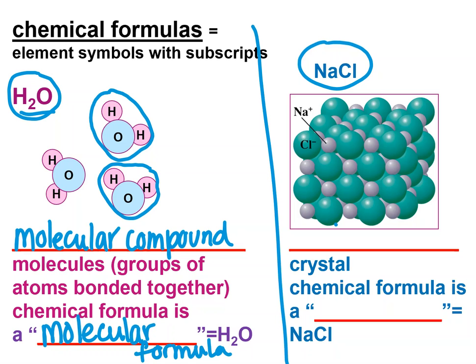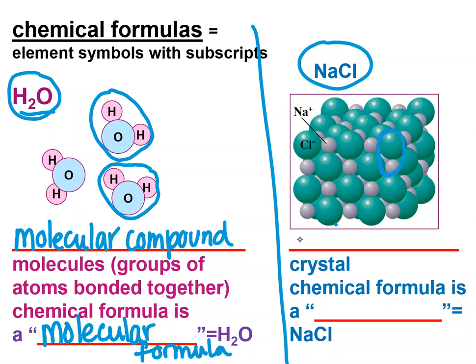Okay, and then the other type of compound has a formula as well, but it's not a molecular formula. And this is why. A compound like sodium chloride doesn't have separate groups. In other words, this sodium and this chloride are together, but they're also bonded to a bunch of other ions as well. This kind of compound always involves ions, and they are in crystals like this.